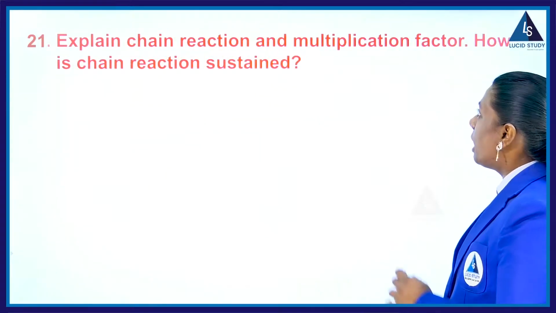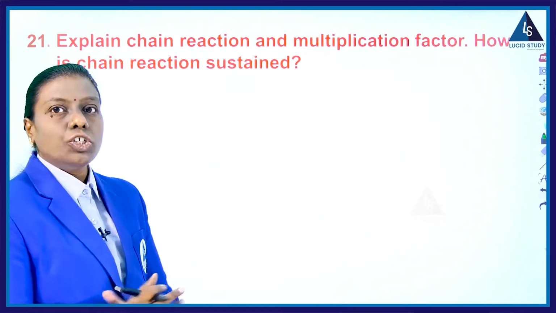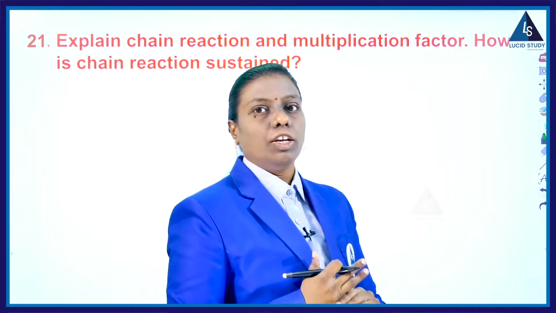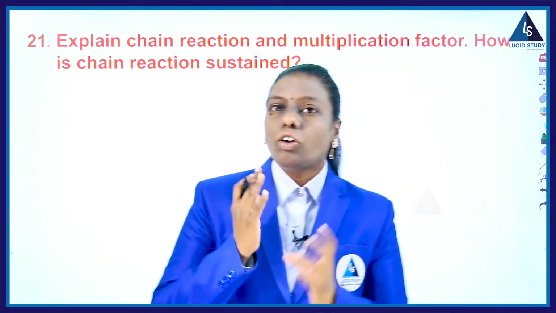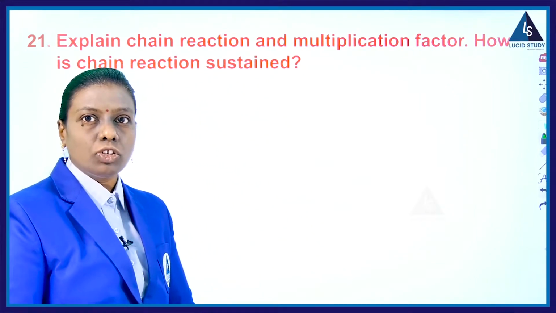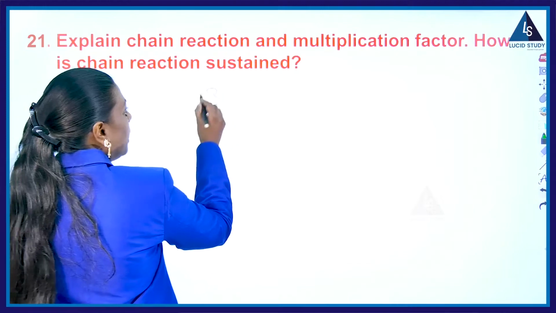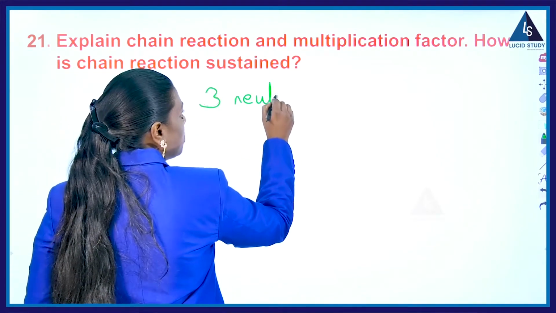Explain chain reaction and multiplication factor. How is chain reaction sustained? What is the chain reaction? Nuclear fission undergoes the chain reaction. Initially, 3 neutrons will be produced when one uranium atom is destroyed.